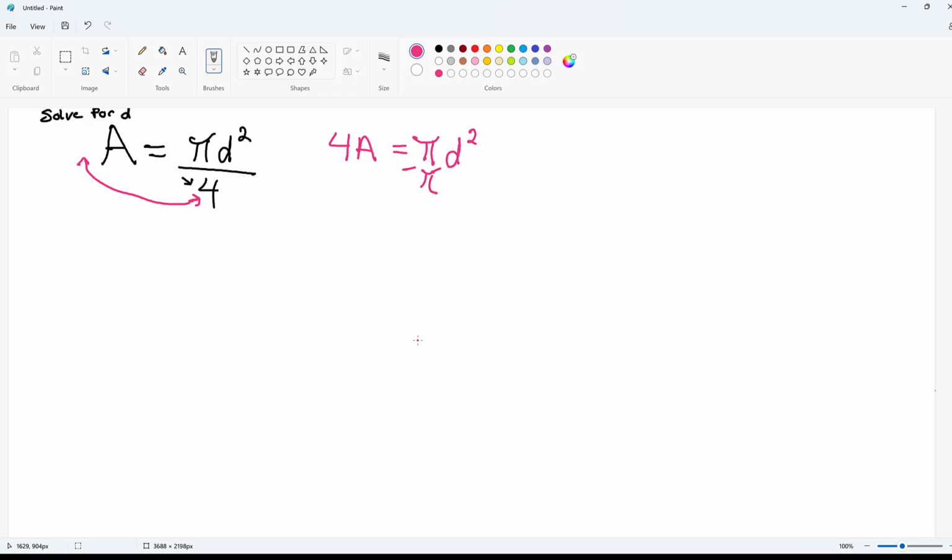So it's going to actually become 4a over the opposite of this multiplication, pi.